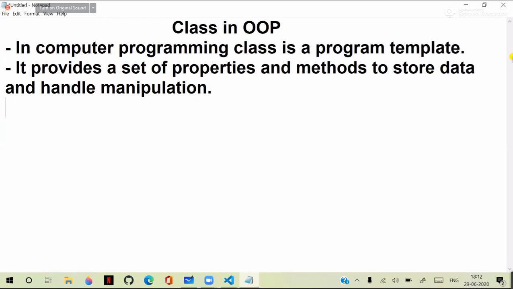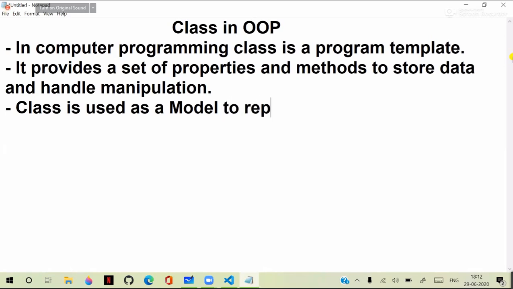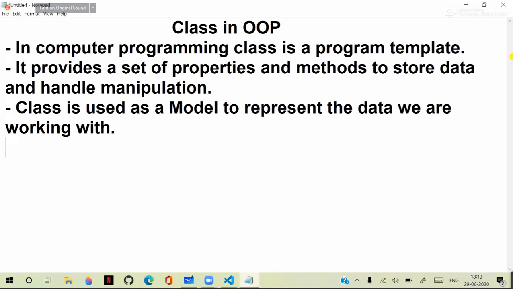Now, you have seen that people call a class in different ways. A class is used as a model to represent the data we are working with. If a class is representing the data we are working with, then it is called a model.